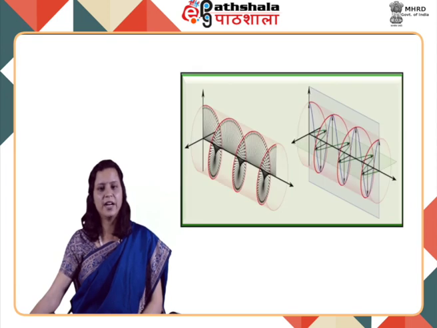Similarly, left-handed or counterclockwise circularly polarized light is shown here with and without the use of components. Left-handed circularly polarized light would be considered right-handed or clockwise if viewed from the point of view of the source instead of the receiver.